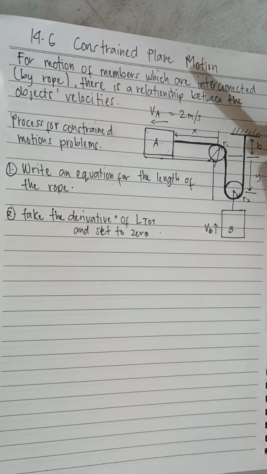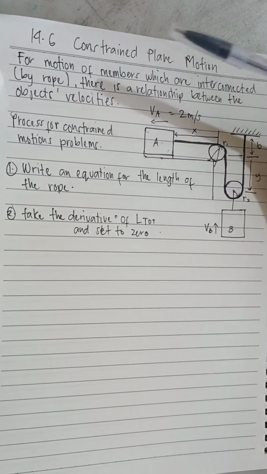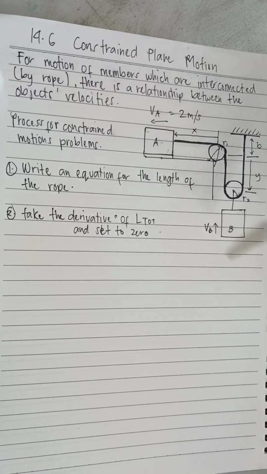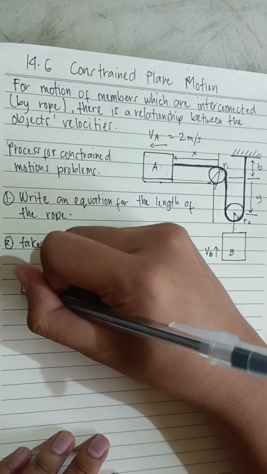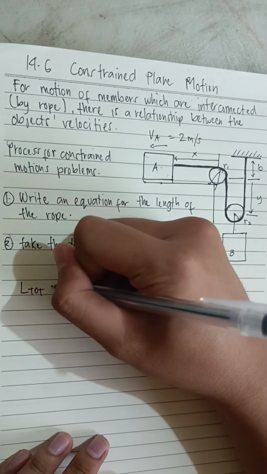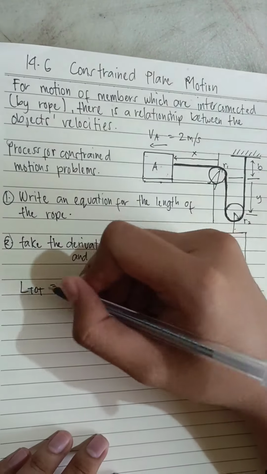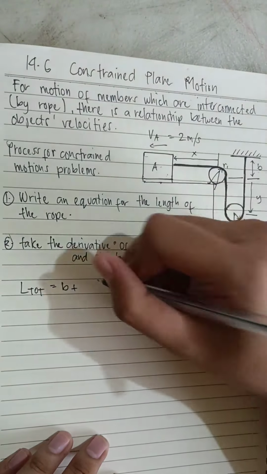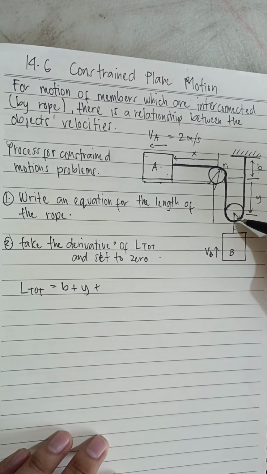So there's a process for constrained motion problems. First is write an equation for the length of the rope, L total. So magsisimula tayo dito sa B. B plus Y plus dumaan itong rope sa circular pulley. So I think mga 1/2.